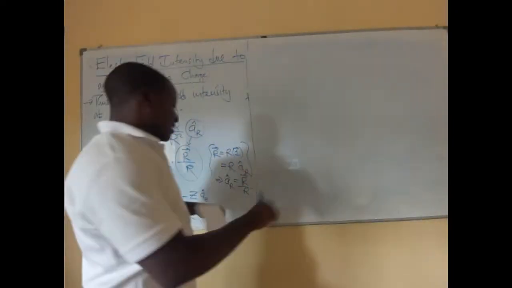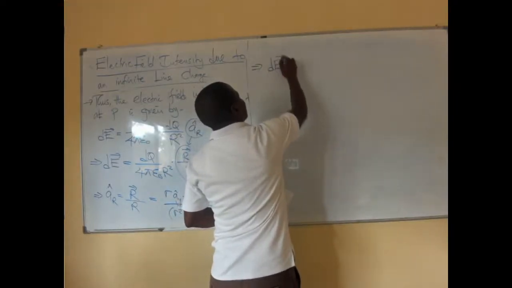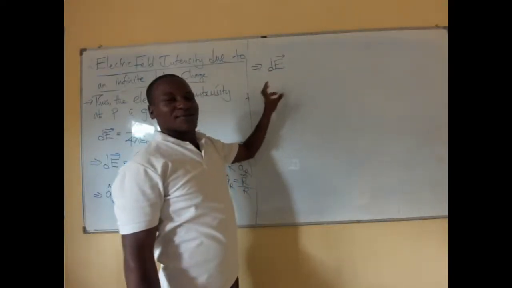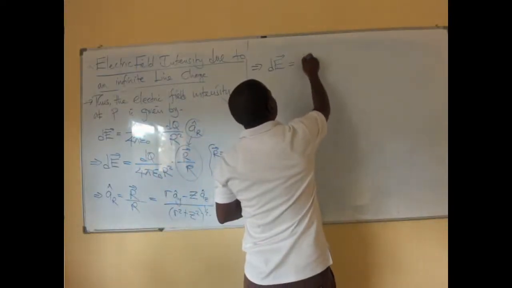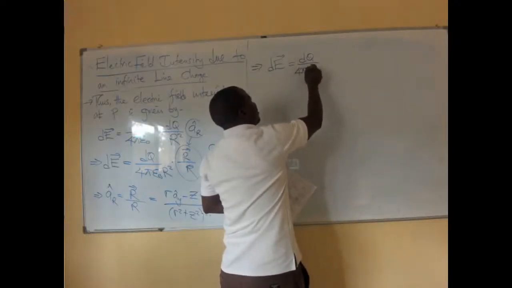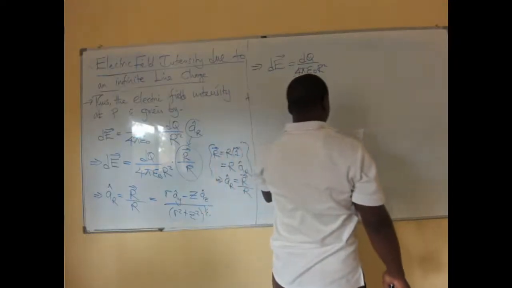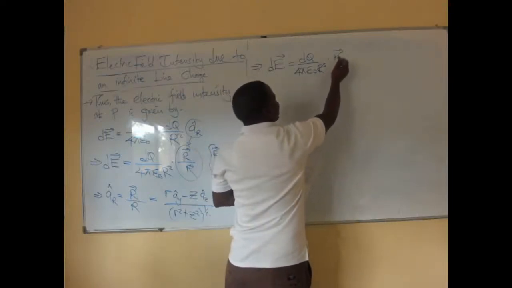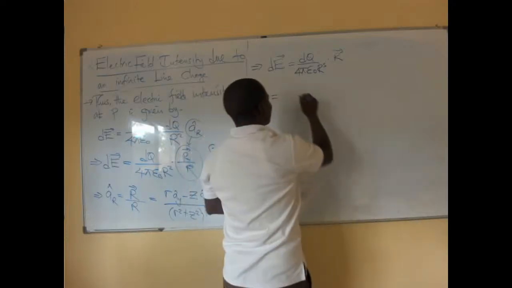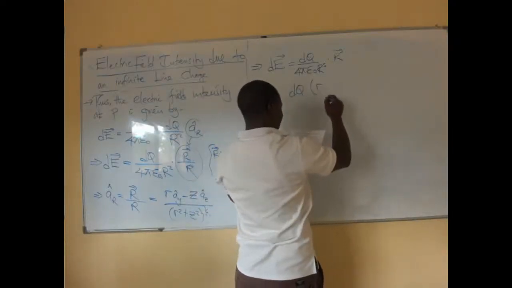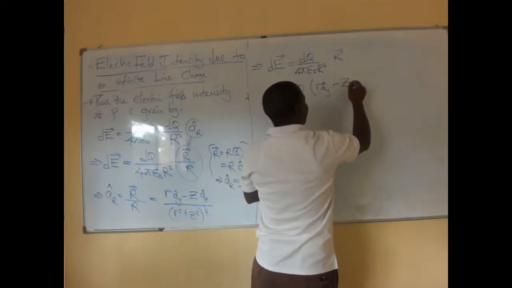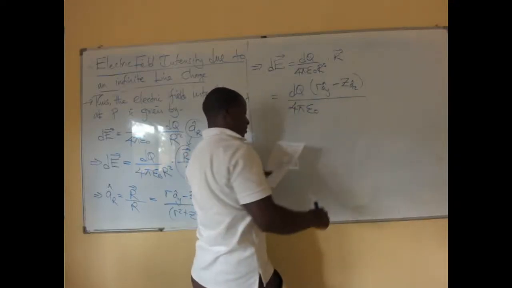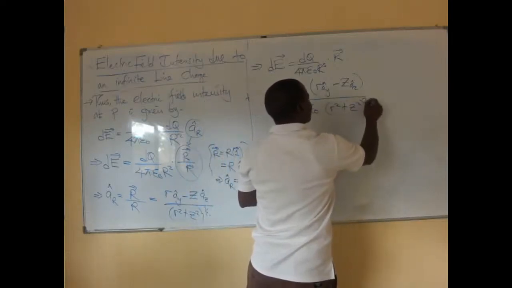So next, this implies that the E, which is the small intensity as a result of the small dl that we have gotten, is the same as q over 4 pi epsilon 0 into r squared, this must be R to the 3 into R. Then from there we make replacements of R. So this is equal to q, multiplied by (r a_y minus z a_z), all divided by 4 pi epsilon 0 into (r squared plus z squared) to the power 3 over 2.